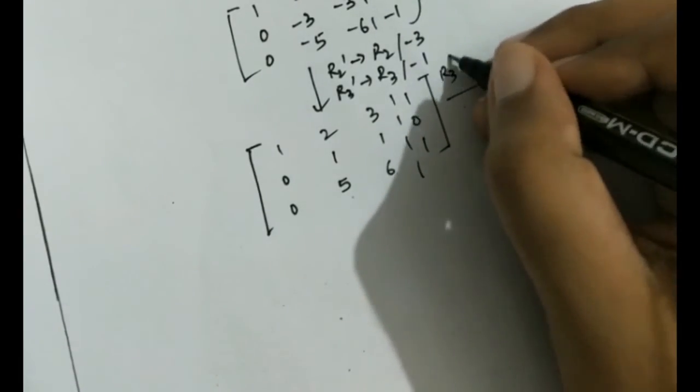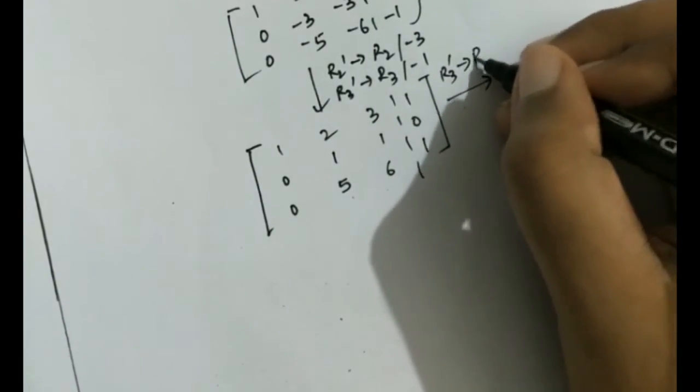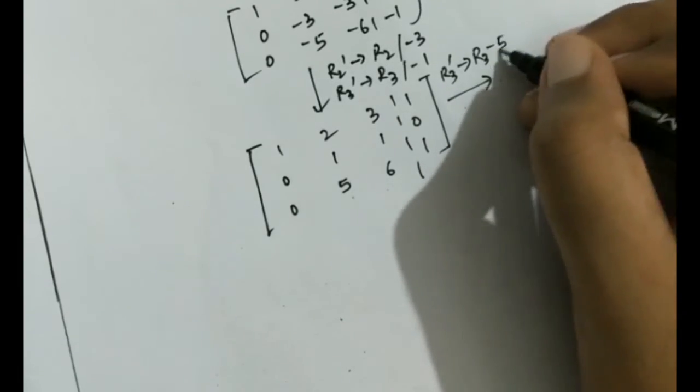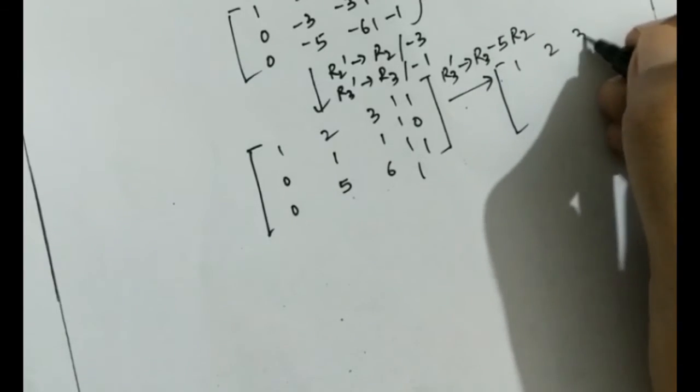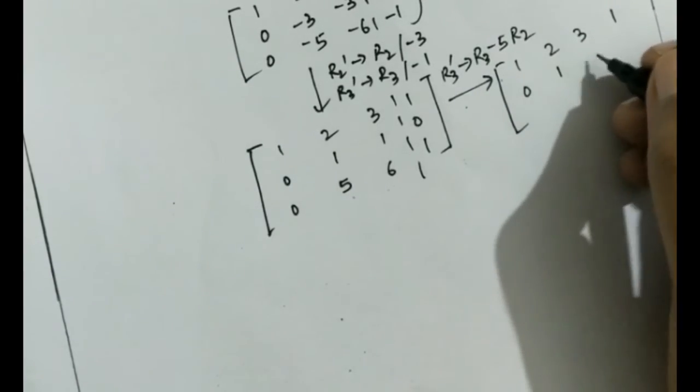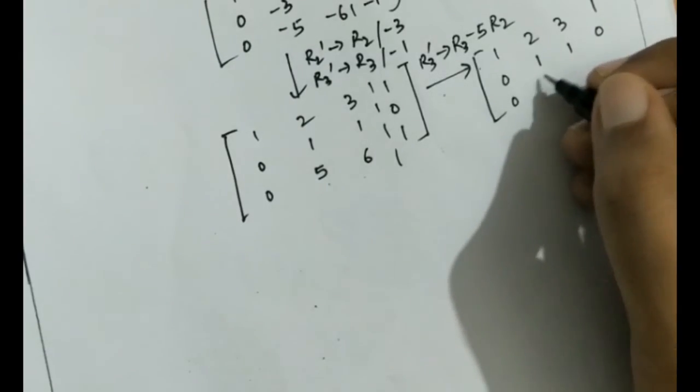Last step, I will do the operation on the third row, R3 prime equal to R3 minus 5R2. So this will become 1, 2, 3, 1, 0, 1, 1, 0, and this will be 0, 5 minus 5 is 0, 6 minus 5 is 1, and this is 1.